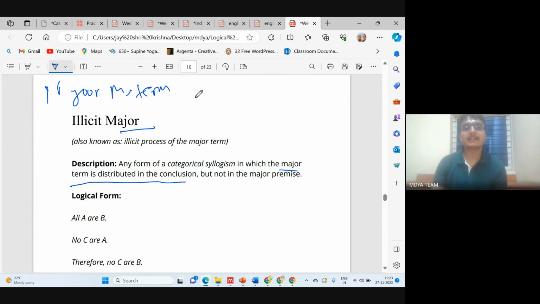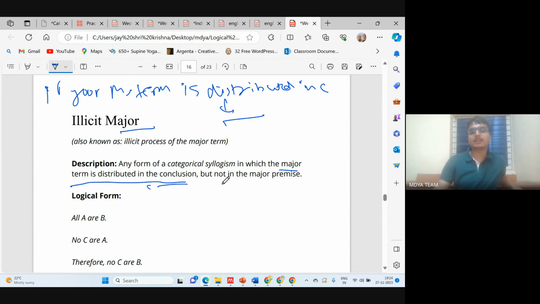If your major term is distributed in the conclusion, then it should be distributed in the major premise also. But if your major term is distributed in the conclusion but not in the major premise, then we will call it the illicit major fallacy. Is it clear?